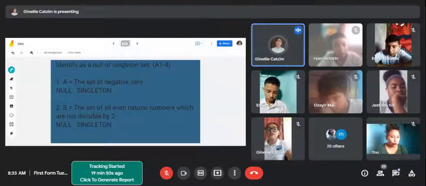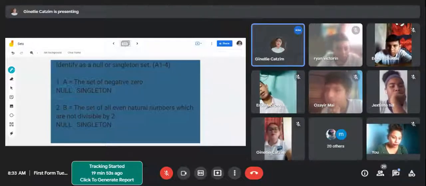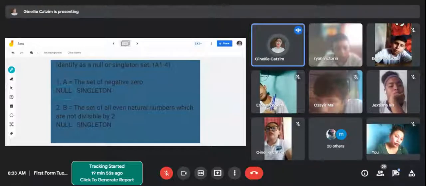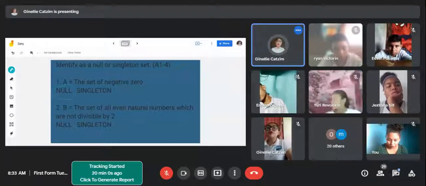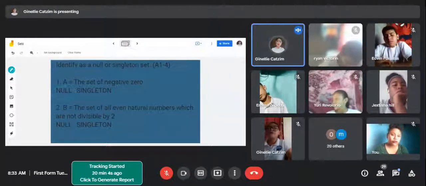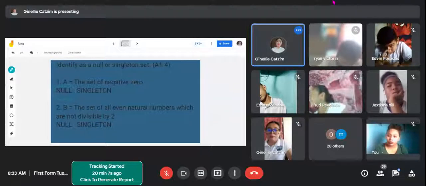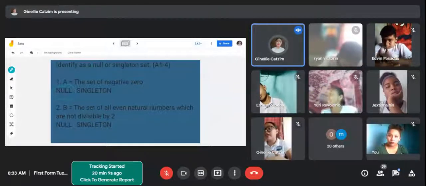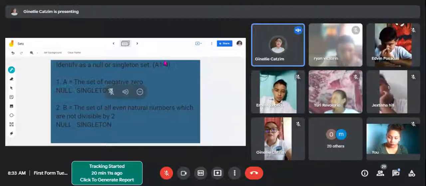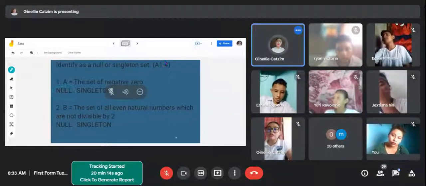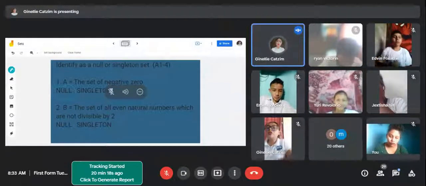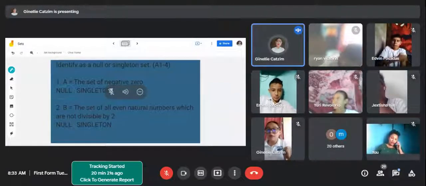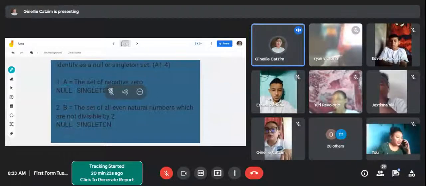So what would be the answer here? Null or singleton? If we know that even numbers are divisible by 2, the answer will be null. Very good. Why? Because every even number is divisible by 2. 2, 4, 6, 8, 10, all the way to infinity is divisible by 2. So there is no even number that is not divisible by 2.